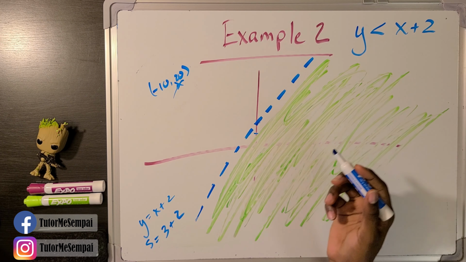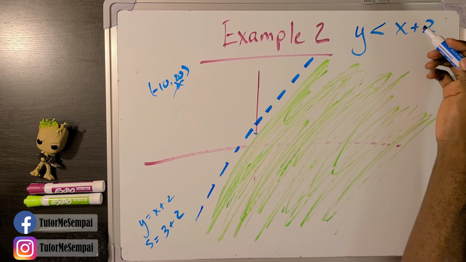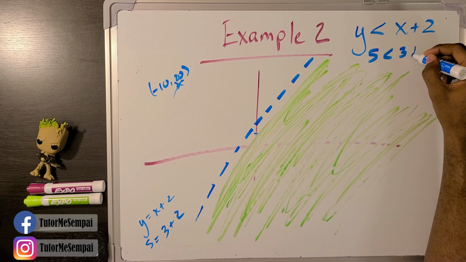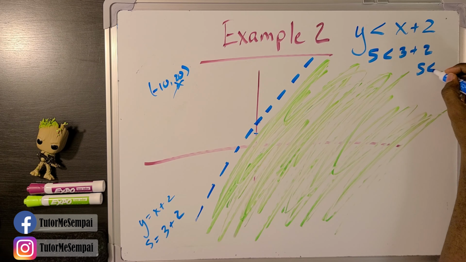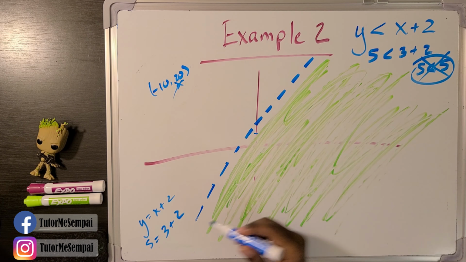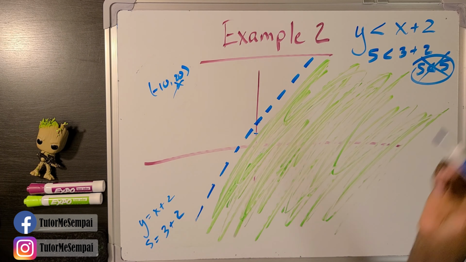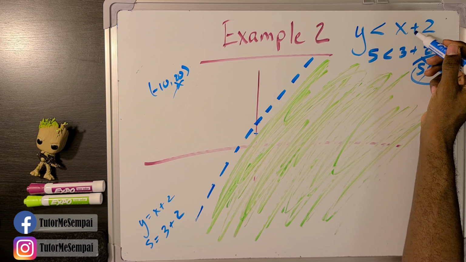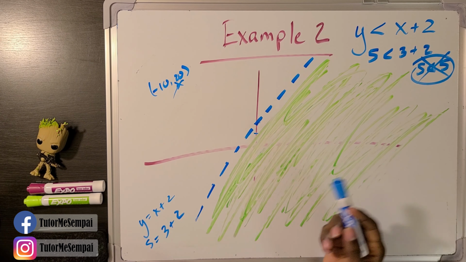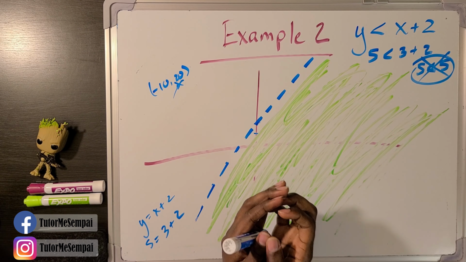However, 3, 5, when you plug it into the inequality, gives you 5 less than 3 plus 2, which is 5 less than 5, which is not true. So every point on this line is not going to satisfy this inequality. Hence, why we did a dashed line, which is similar to your open circle when you have a number line.